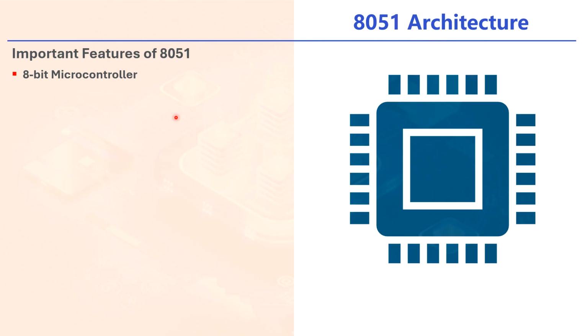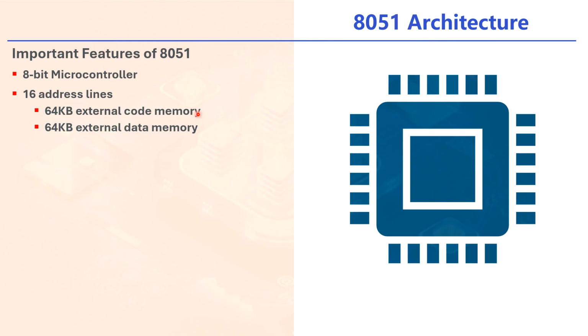Second feature is 16 address lines. For this addressing line, we will use it for data transfer with the help of the memories. So 64 KB external code memory, and 64 KB external data memory. Code memory, data memory.